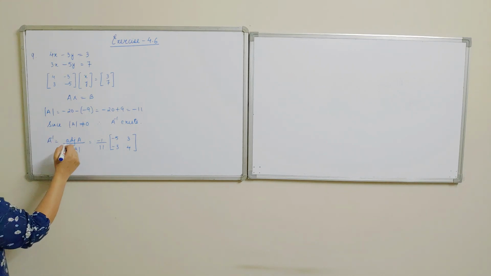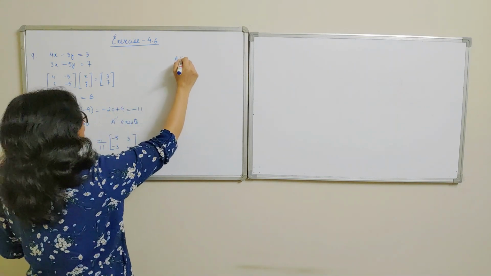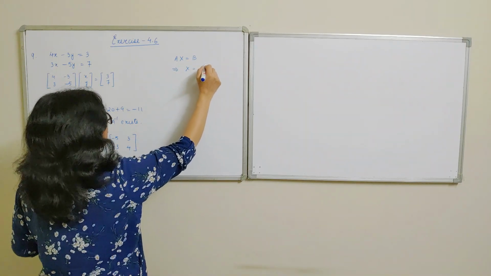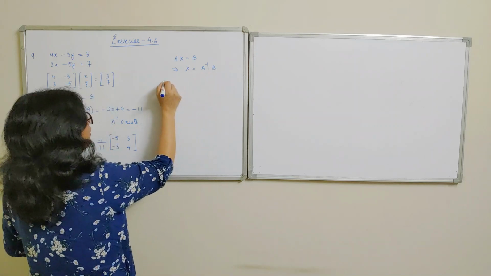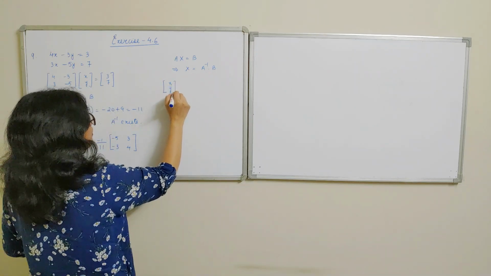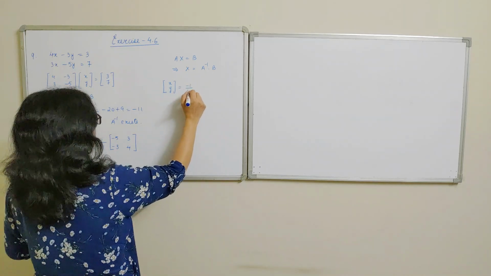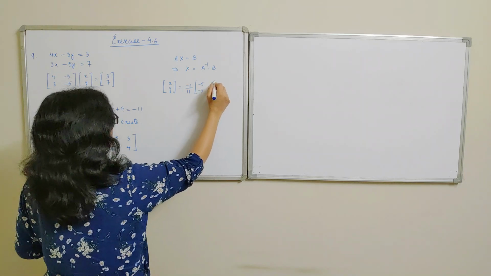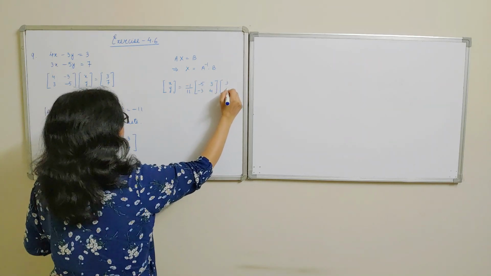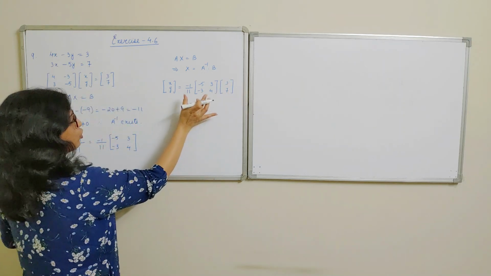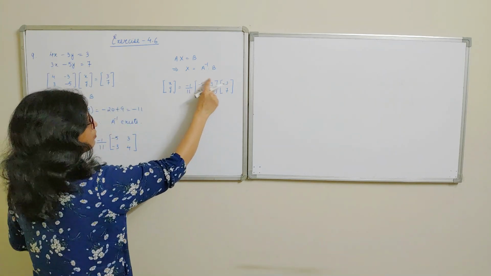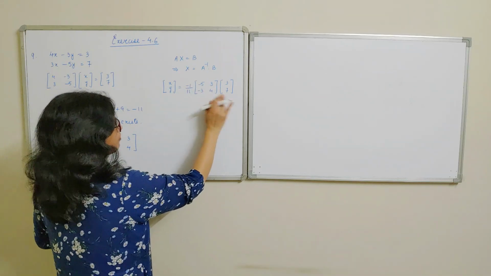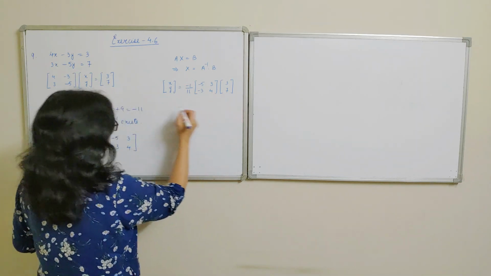Now we also know that our equation is AX equal to B, where we can find matrix X if we multiply A inverse by B. So matrix X is the inverse, given by this, into matrix B, which has elements 3 and 7. Here I have not done the scalar multiplication. If we multiply each element by minus 1 by 11, then we have rational numbers, and simplifying with rational numbers can be slightly difficult.